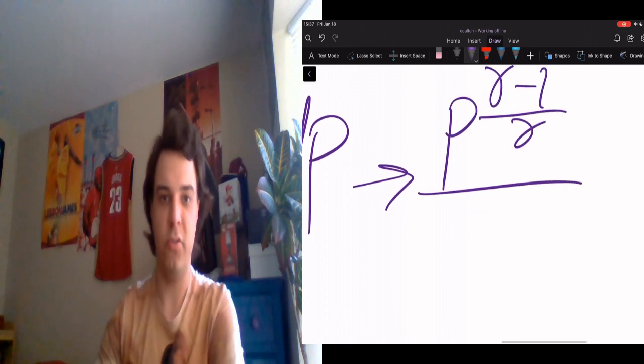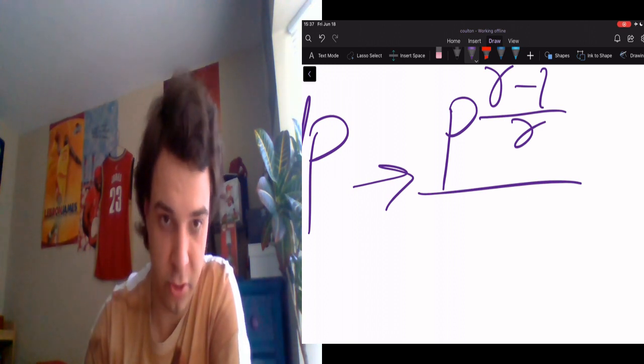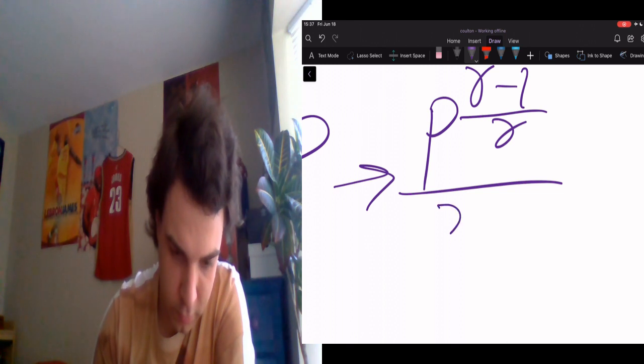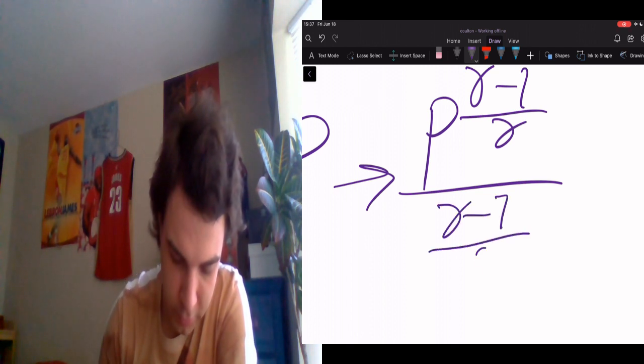So this is between the change in pressures, between pressure 1 and pressure 2, over gamma minus 1 over gamma.